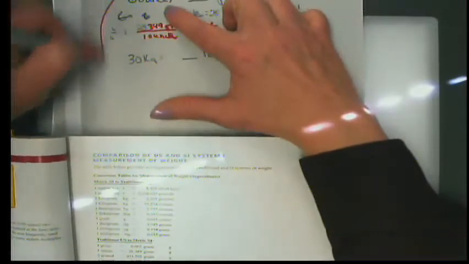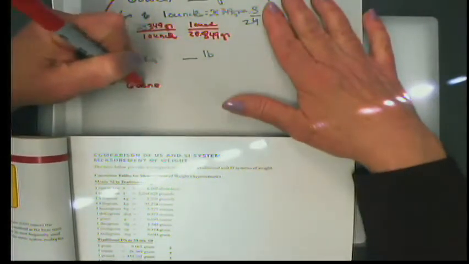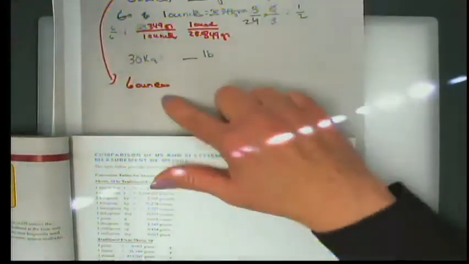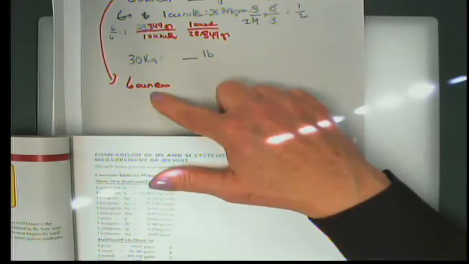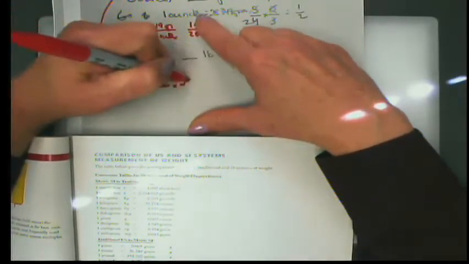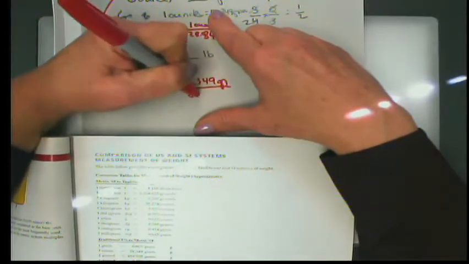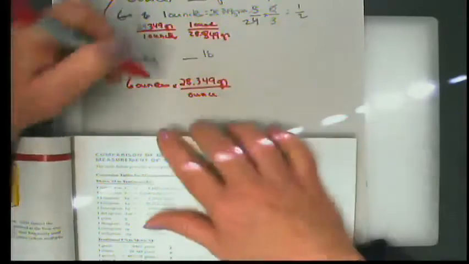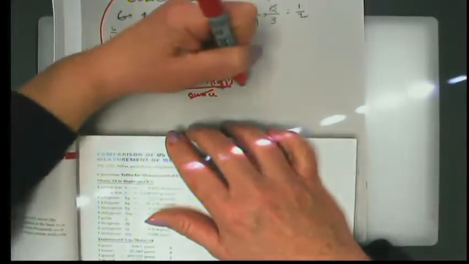So if we start with this problem and we have 6 ounces, you can see that the unit, ounces, is in the numerator. So that means I want to put ounces in the denominator so that they'll cancel out. If I multiply that by 28.349 grams per 1 ounce, I can cancel this against this, and I'm just left with grams.